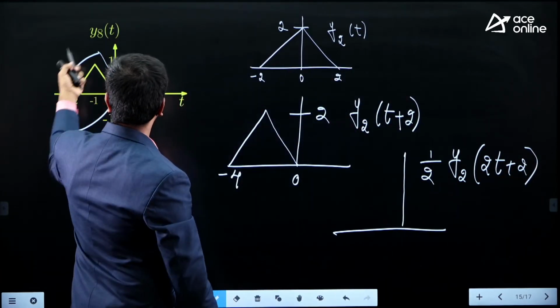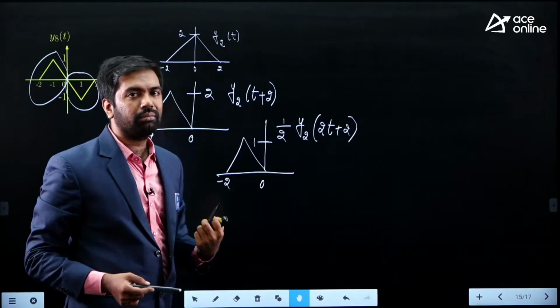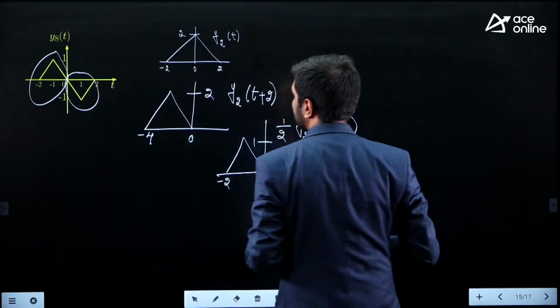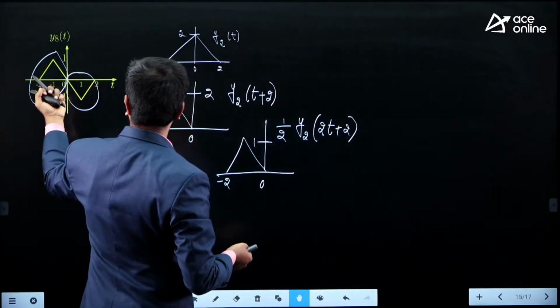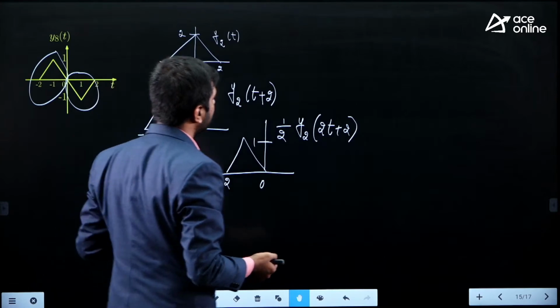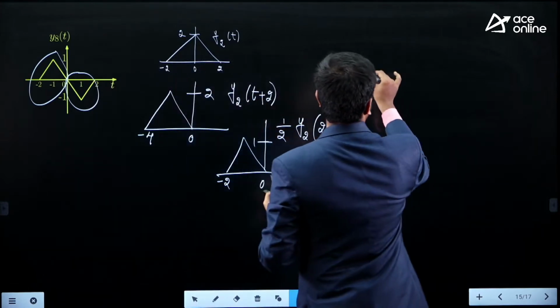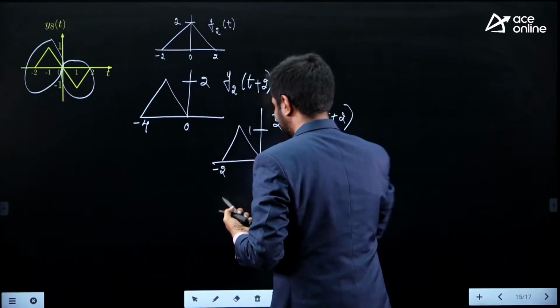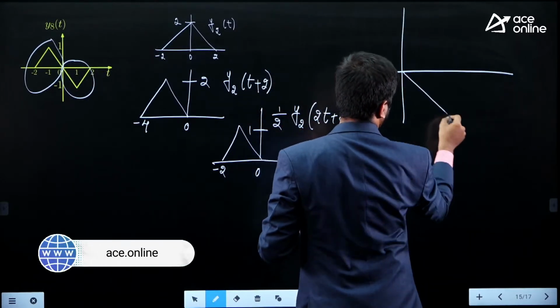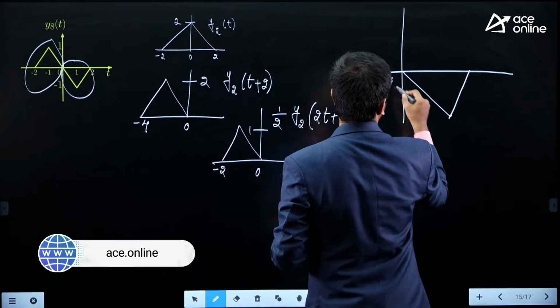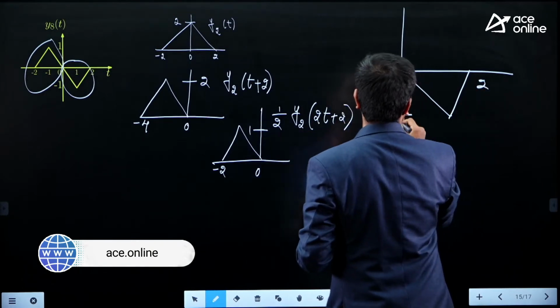So the highlighted part here, there is a minus sign. So let's see what's going to happen. I would like to write it directly, because instead of shifting towards left, you have to shift towards right. And there is a minus sign also involved. So let's see the Fourier transform of this particular signal. This is 0, this is 2, and this is minus 1.